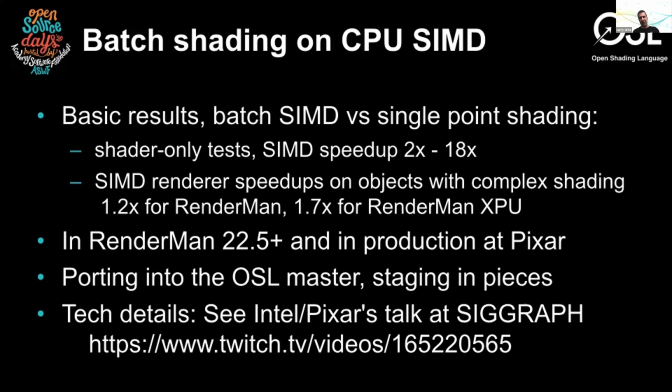For a newer research initiative they have called RenderMan XPU, look for their talks on this, they're seeing more like a 1.7x or better speed up. This is all told, this isn't just isolated shading time. And this is for some tests they were doing of fully shaded objects in a real scene.